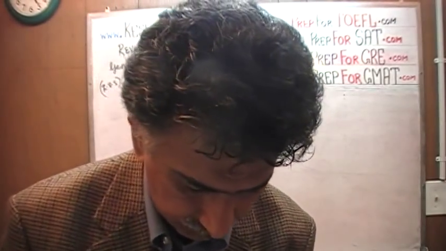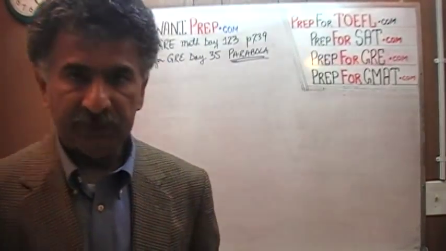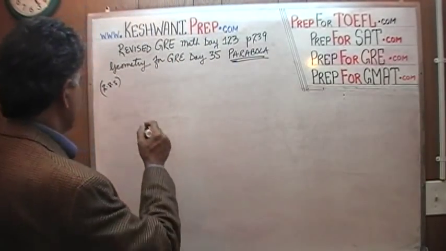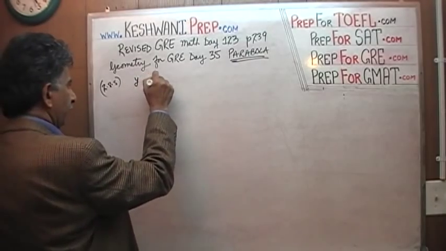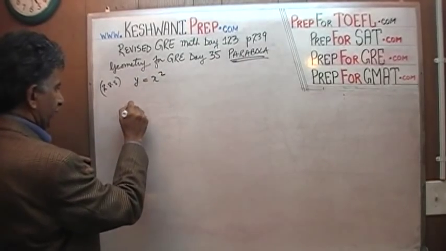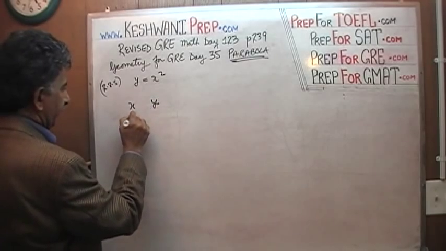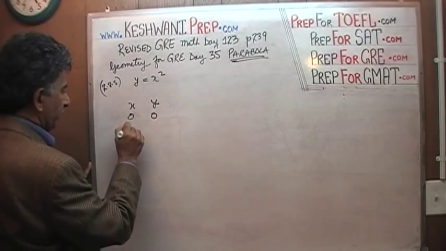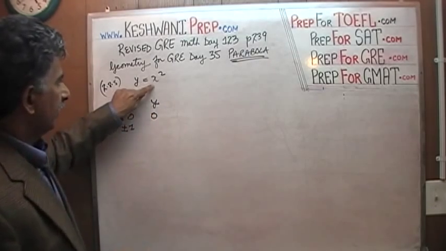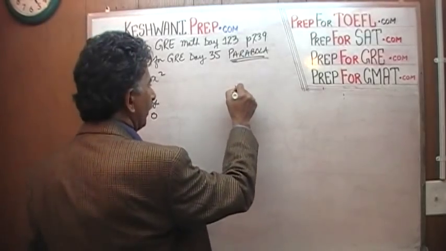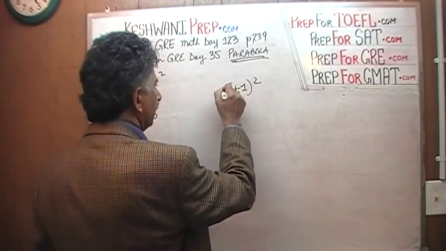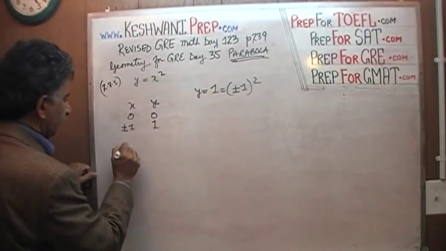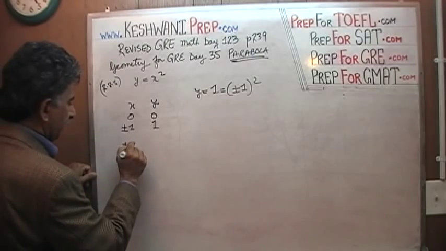What is a parabola? A parabola in its simplest form has a very simple equation: y equals x squared. Here are your values of x, here are your values of y. When x is 0, 0 squared is 0, so y is 0. When x is positive 1 or negative 1, the square is just 1, so y is 1.